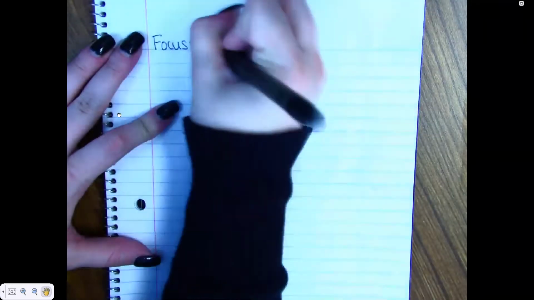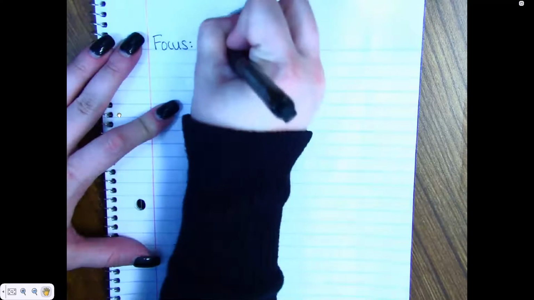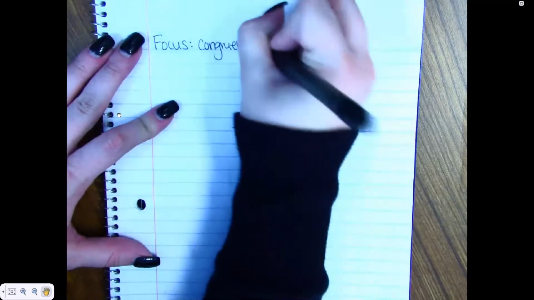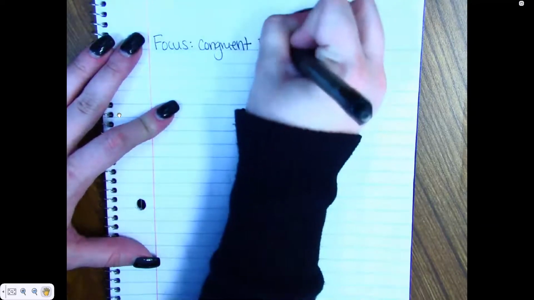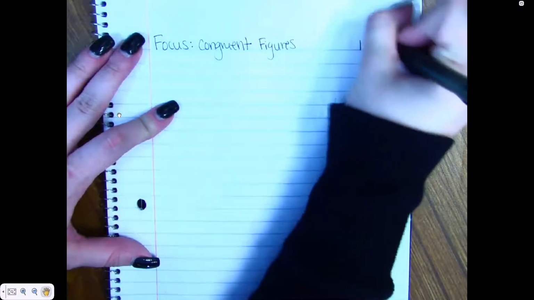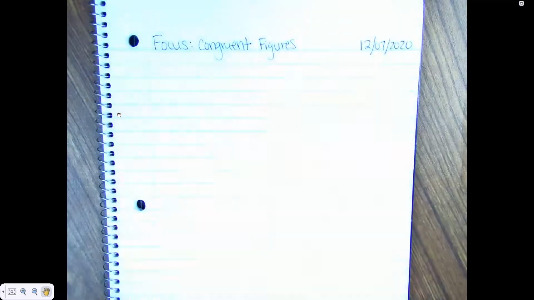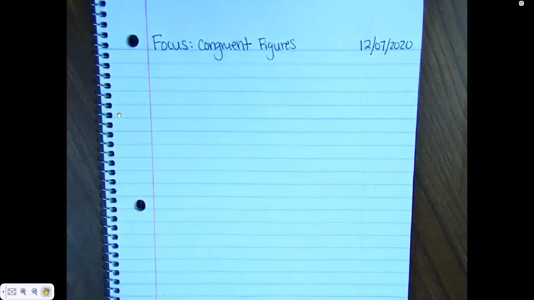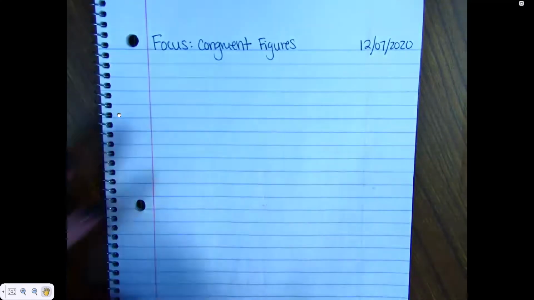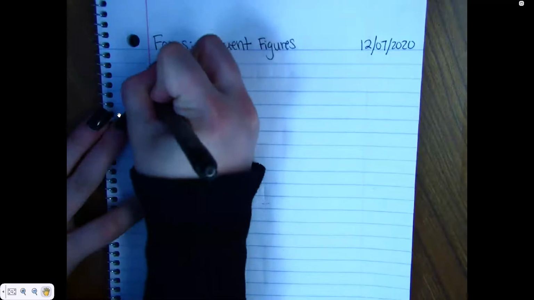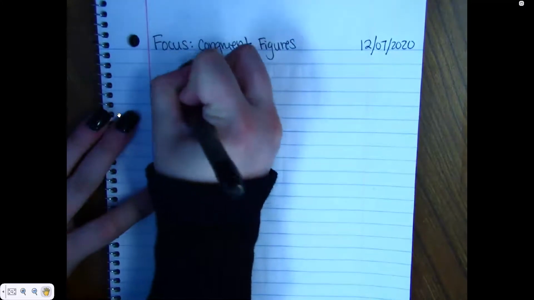Okay, so our focus is congruent figures. So the first thing I actually want us to do is we're going to write down the word, because I want y'all to have this word in here, congruent.